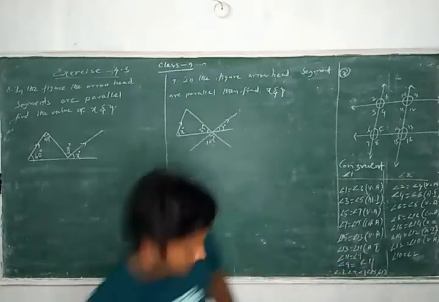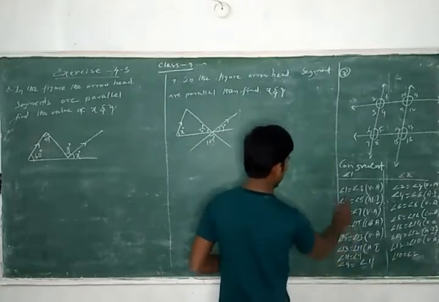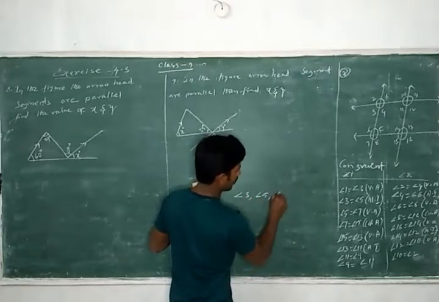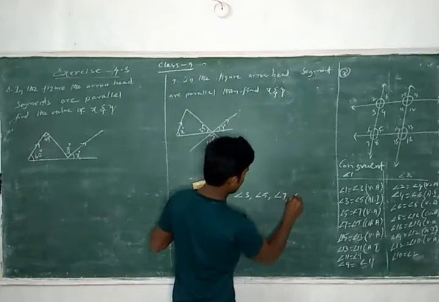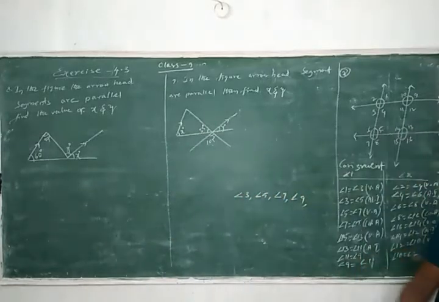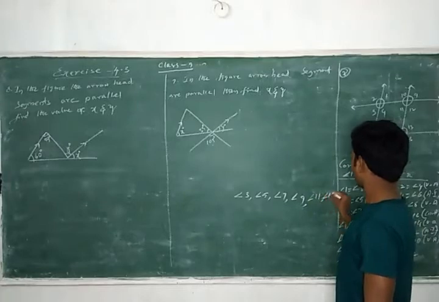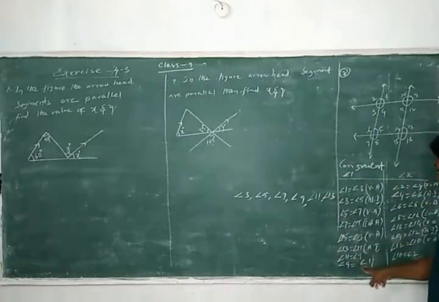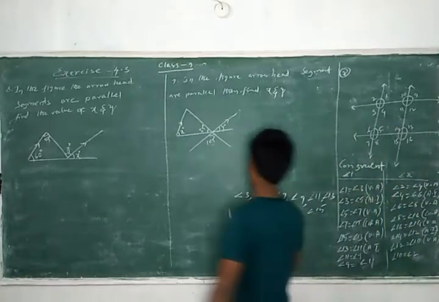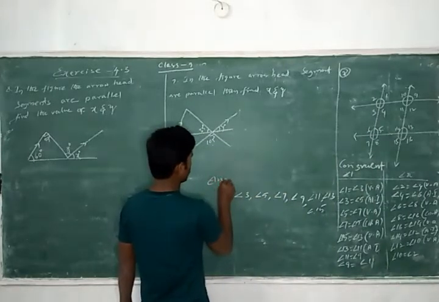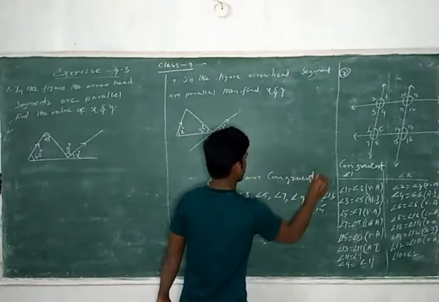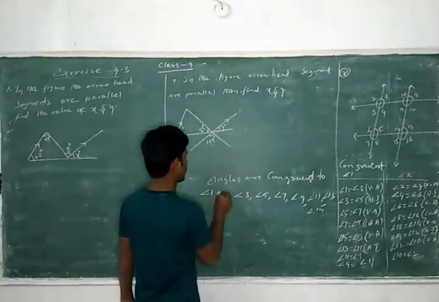So I am writing clearly here for angle 1 below: angle 3, angle 5, angle 7, angle 9, angle 11, angle 13, angle 15. These angles are congruent to angle 1.